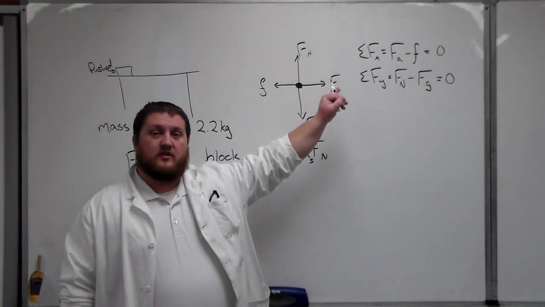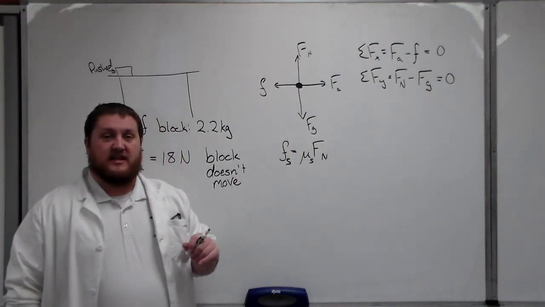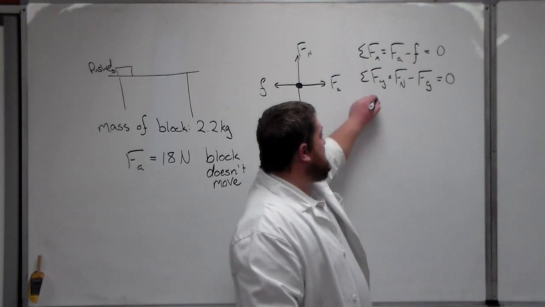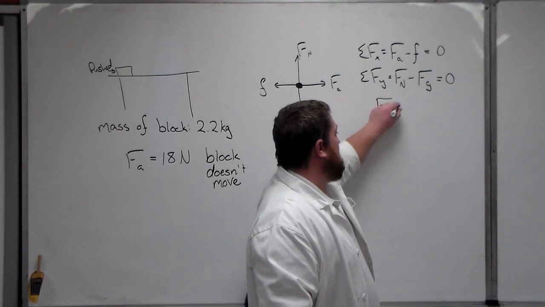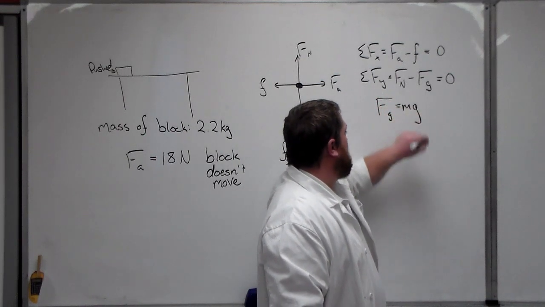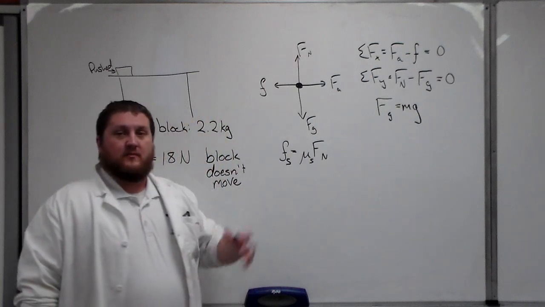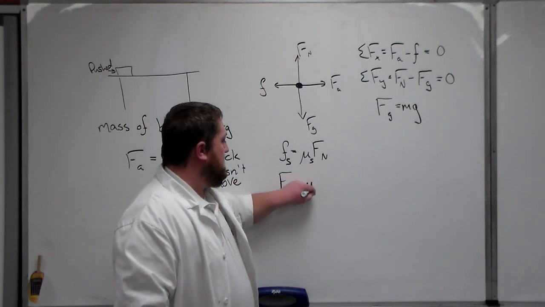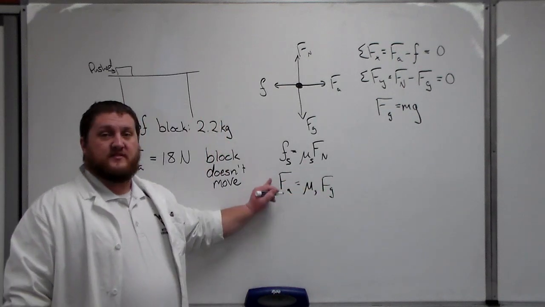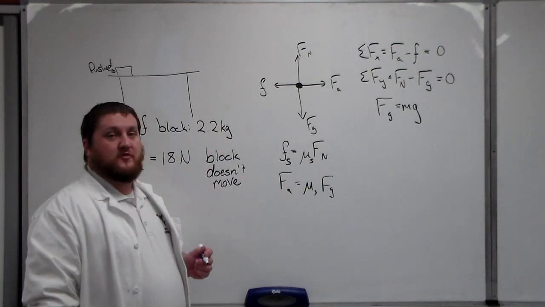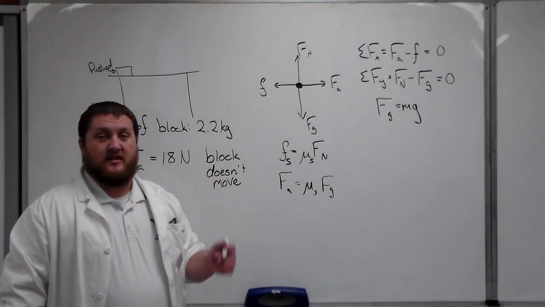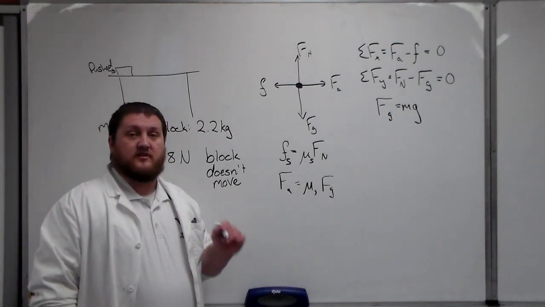I can substitute using those equations in here. And I also remember that weight is equal to mg. I'm going to substitute in over here. I've substituted in the applied force and the weight. Now I need to substitute in mg for the weight and solve for mu.